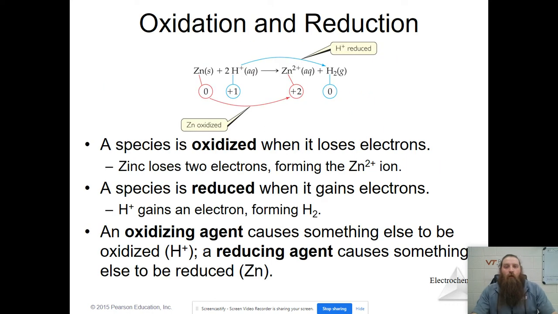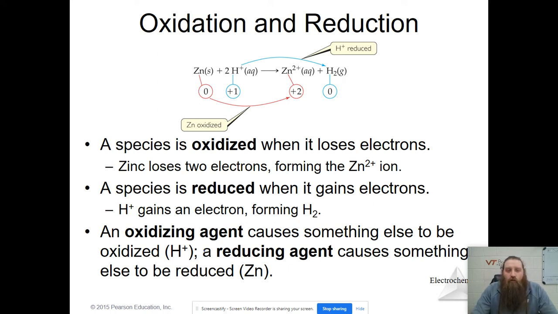Now here you can see an example of a redox reaction. We have zinc and hydrogen. Zinc has gone from 0, because it's a pure element, to +2. Hydrogen has gone from +1 as an ion to 0 as a diatomic molecule.